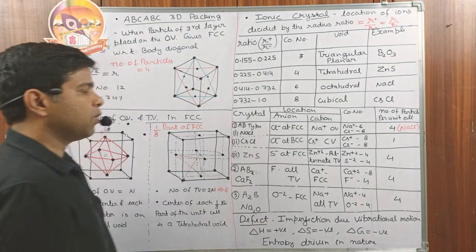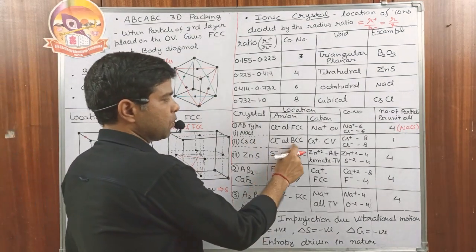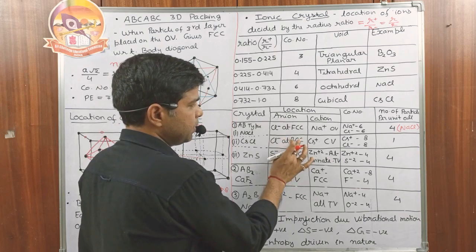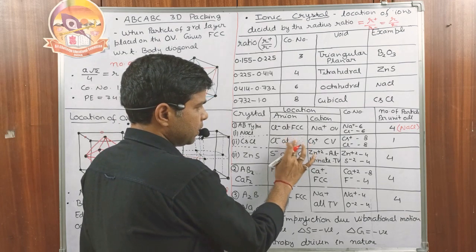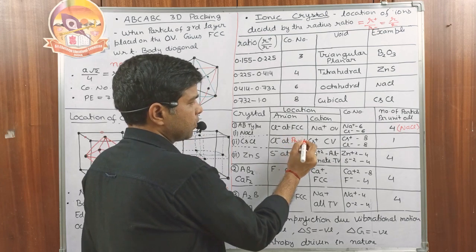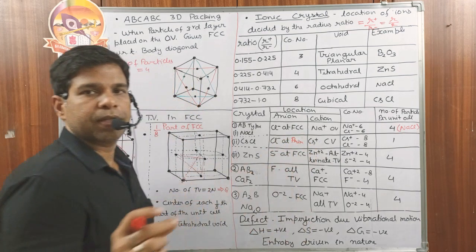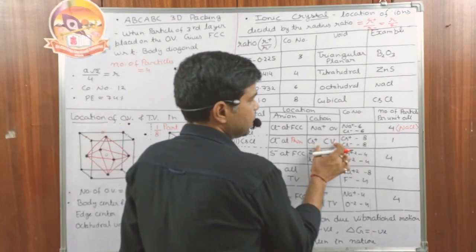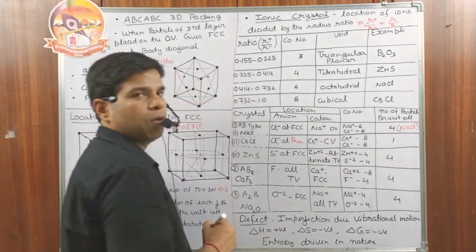Then in the cesium chloride type, Cl- forms the primitive unit cell, meaning Cl- is only present at the corners, and then Cs+ is present at the cubical void.